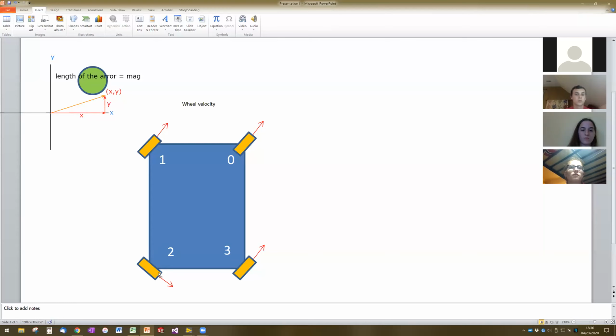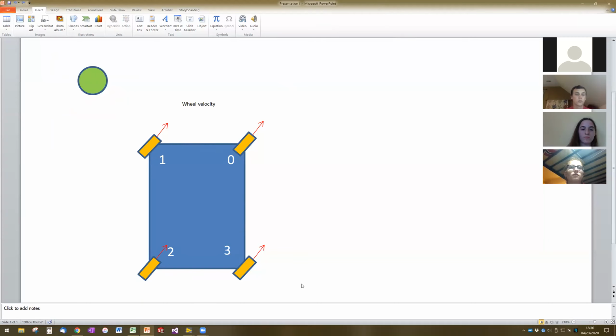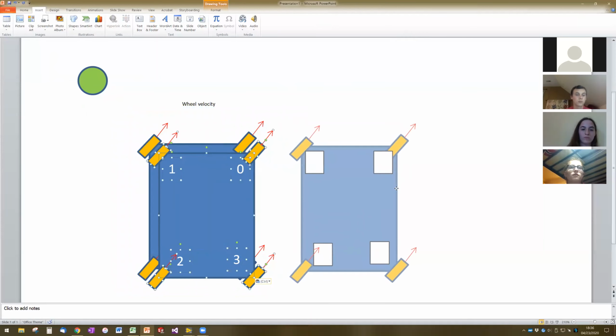Another way to think through this problem is that right here in this example, we have the ideal translation solution. There's also an ideal rotation solution, right?